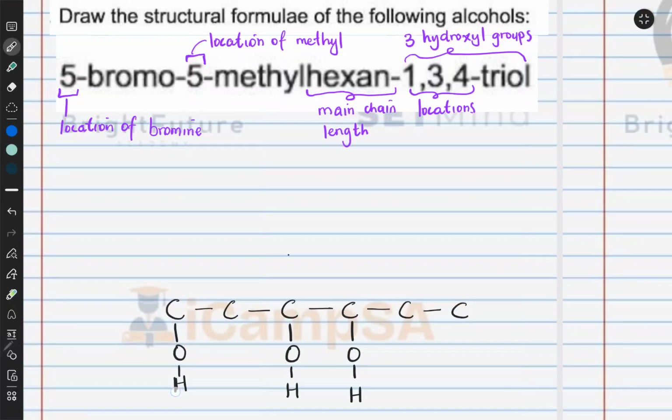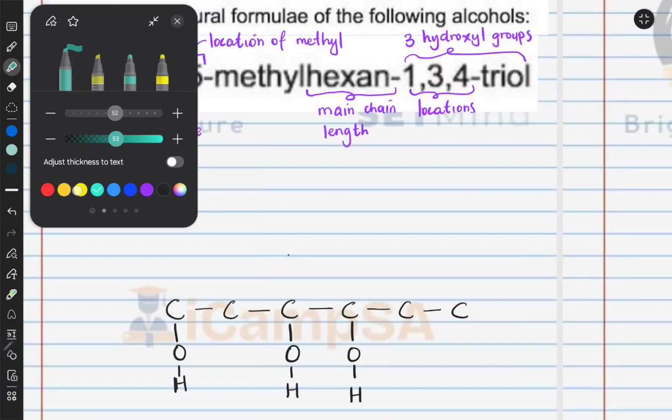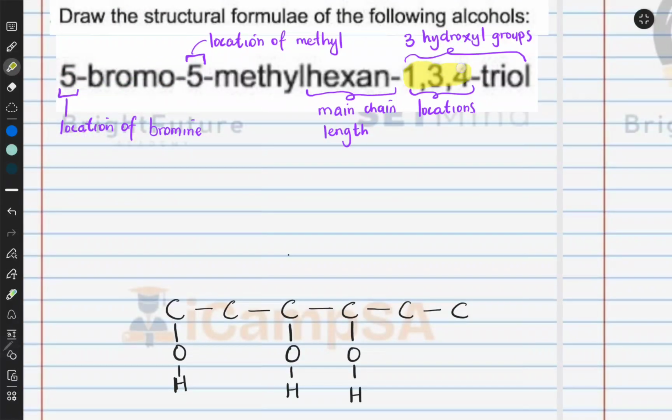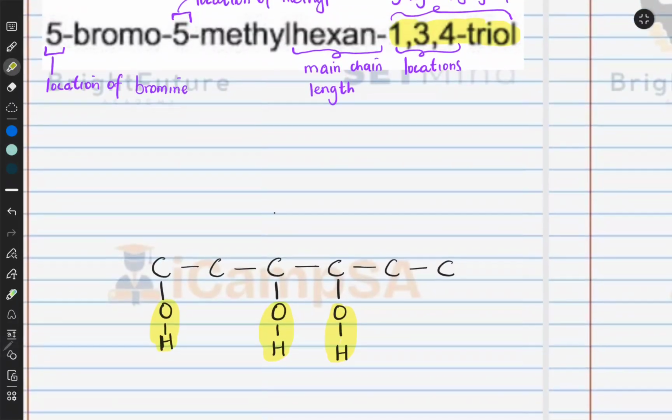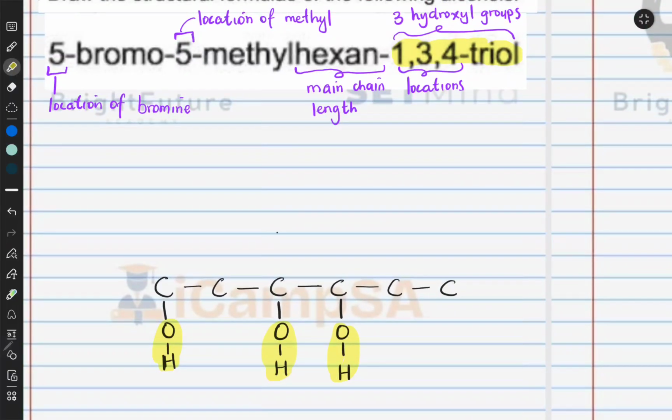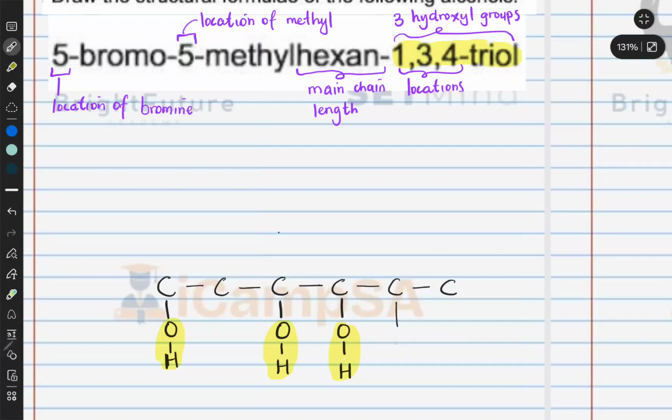Alright, so we have all our hydroxyl groups, 1, 2, 3, all of them. And now let's put the other substituents. Let me start with bromine. Bromine is on carbon atom number 5, and so is the methyl. So I'll put bromine first.